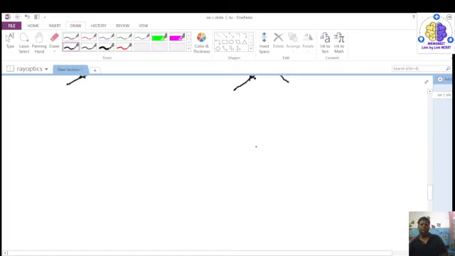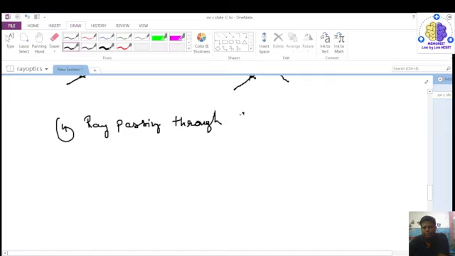Now the fourth ray is the ray passing through the center of curvature. Now, suppose this is your concave mirror, right, and this is the center of curvature.